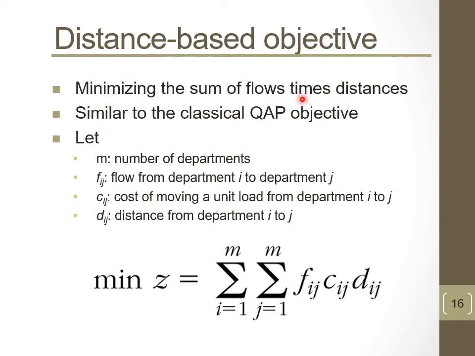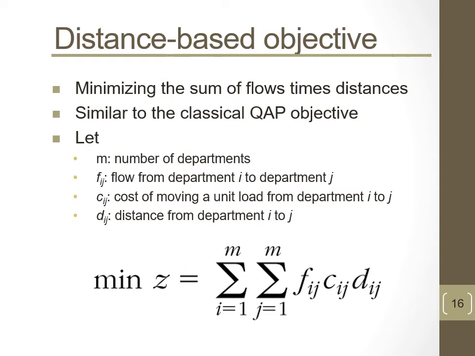The objective function is similar to the well-known quadratic assignment problem, in which we try to assign, let's say, a number of machines to a number of alternative positions and then try to minimize the total flow between these machines.